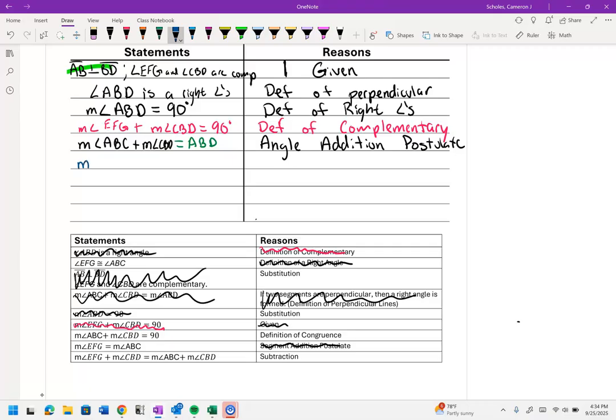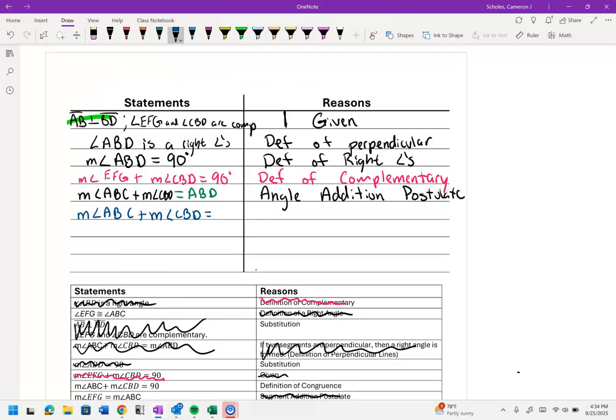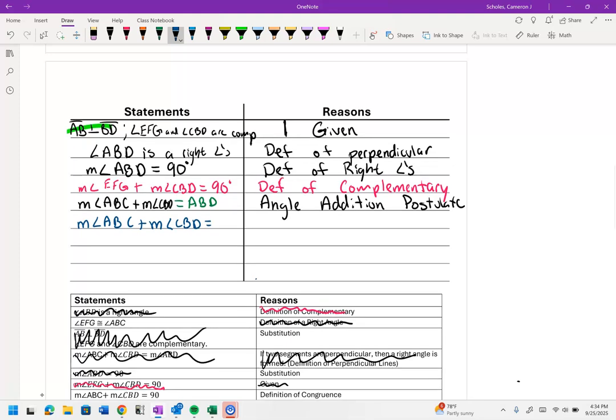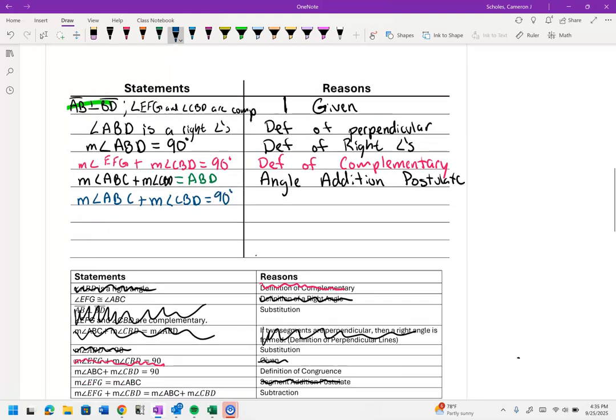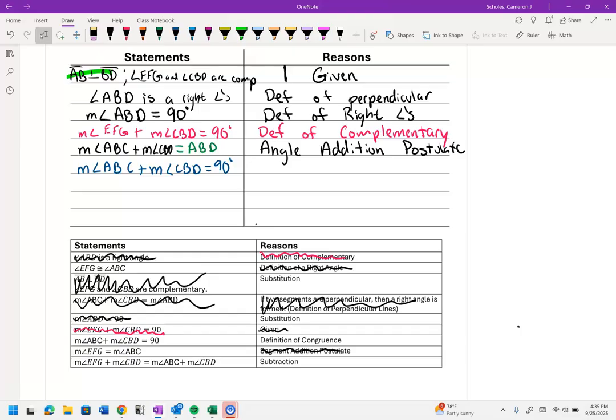So I would say, hey, the measurement of angle ABC plus the measurement of angle CBD is equal to 90 degrees. Now, that would be the substitution property. So again, I would cross this out and also cross out one of the substitutions. We have two of them, so I'll mark it out in both.